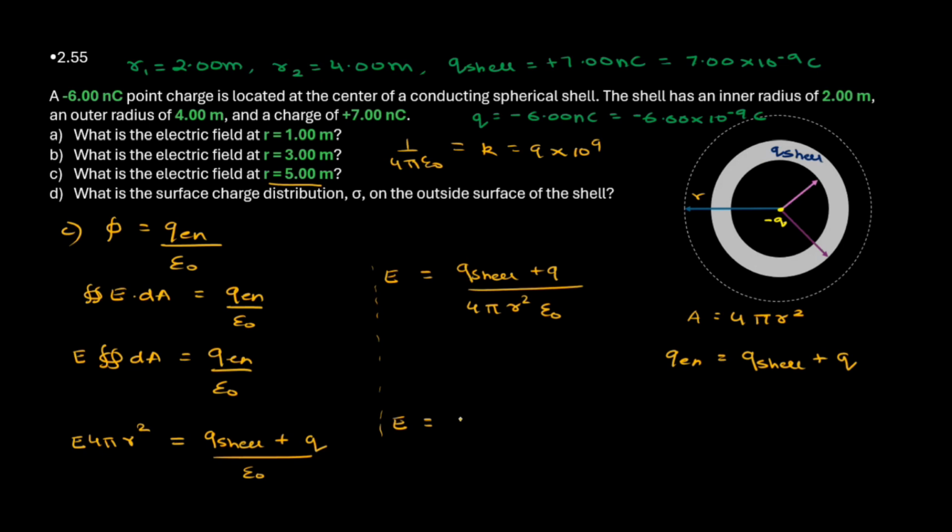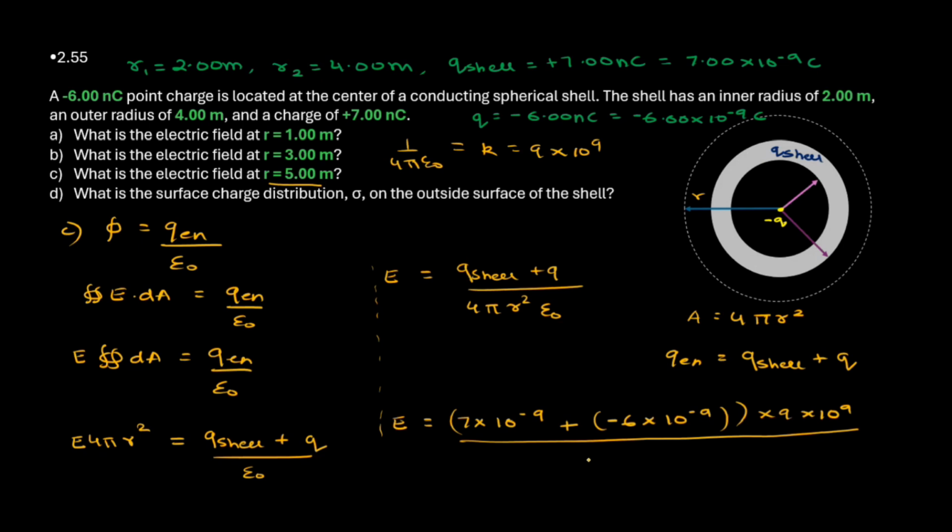Charge on the shell is 7 nanocoulomb, so 7 times 10 to the power negative 9, plus charge on the center is negative 6 nanocoulomb. And this multiplied with K, which is 9 times 10 to the power 9. Again, 1 over 4 pi epsilon naught I'm taking as K, over R squared.